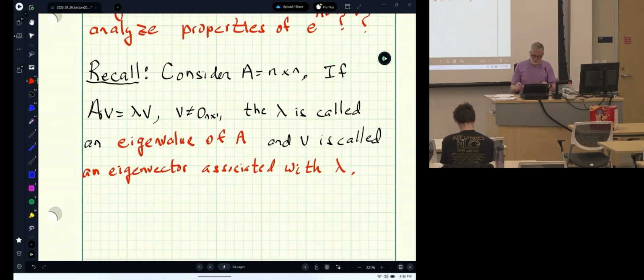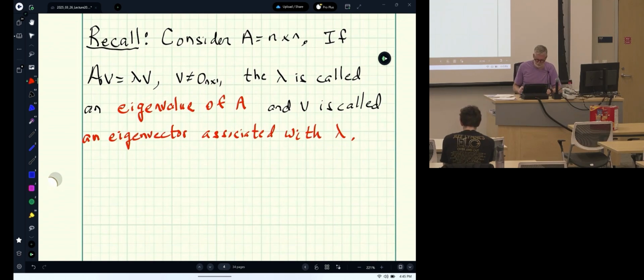Calculating eigenvalues and eigenvectors is no fun, but in Julia it's a snap.